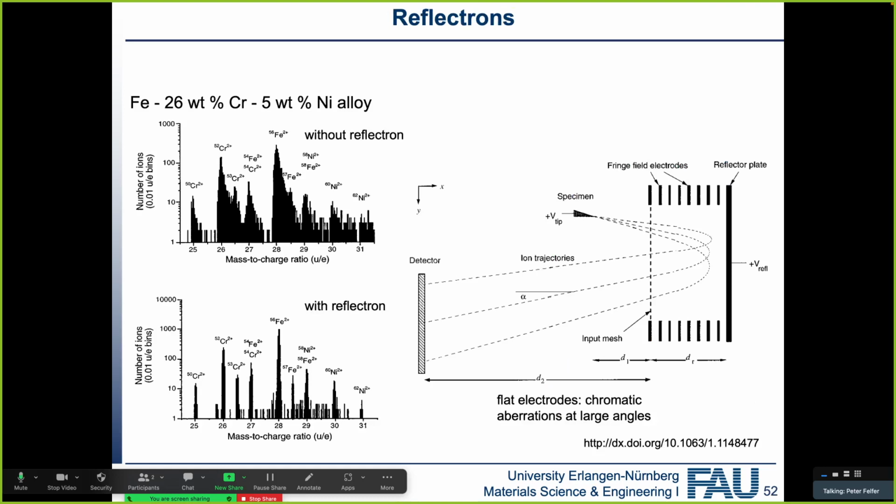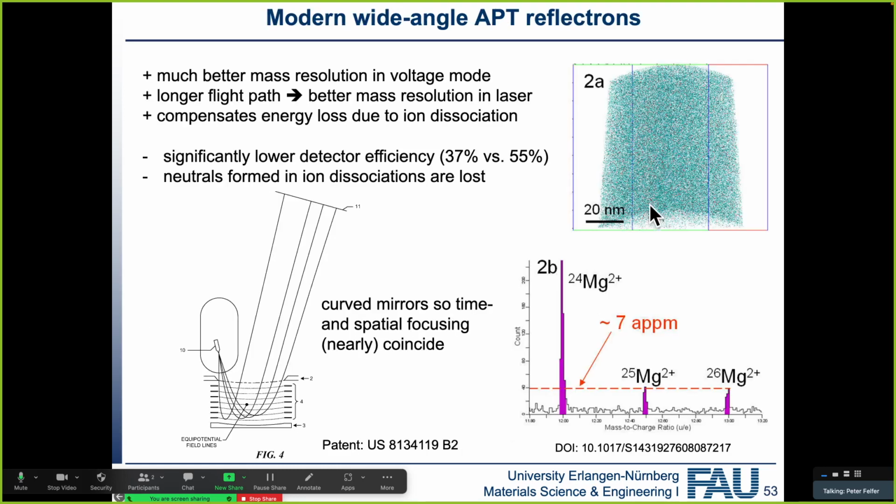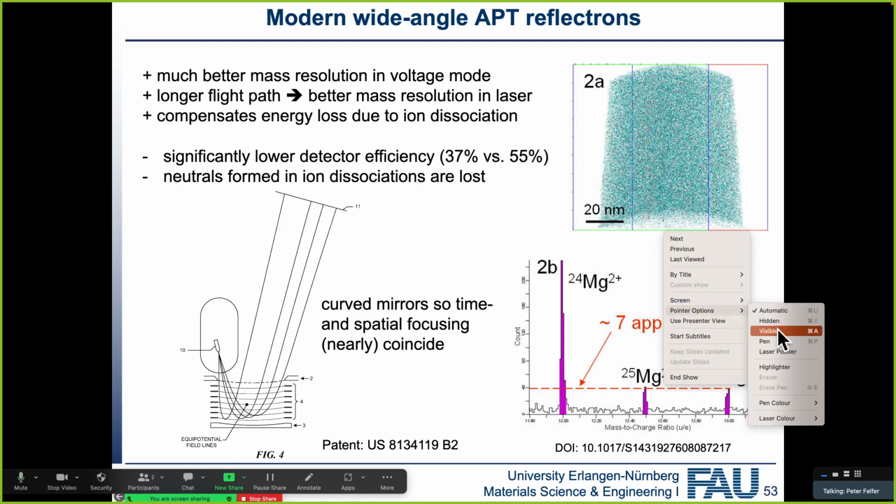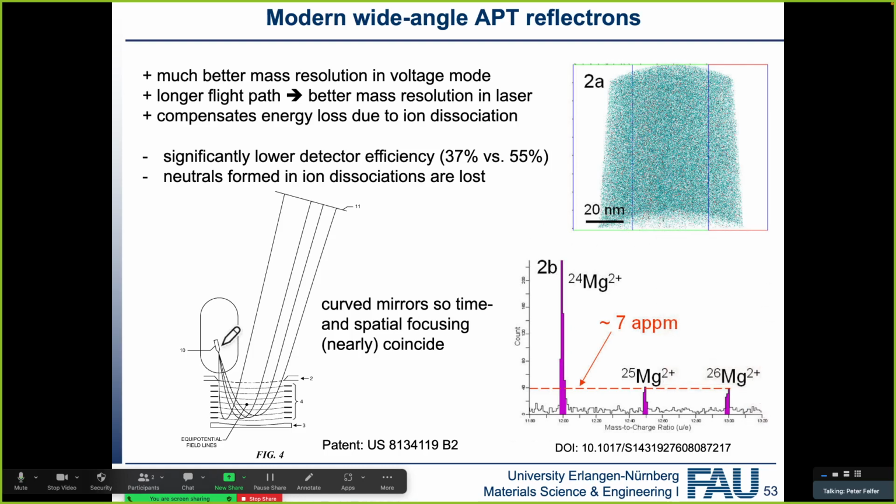So before the detector, sometimes we have something called a reflectron. A reflectron is an electrostatic mirror. And what it does is essentially, if the ions fly into it, if an ion has more energy than another one, then it flies deeper into the reflectron and has a longer flight path.